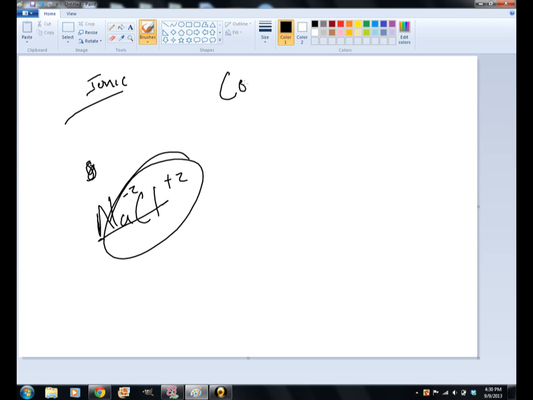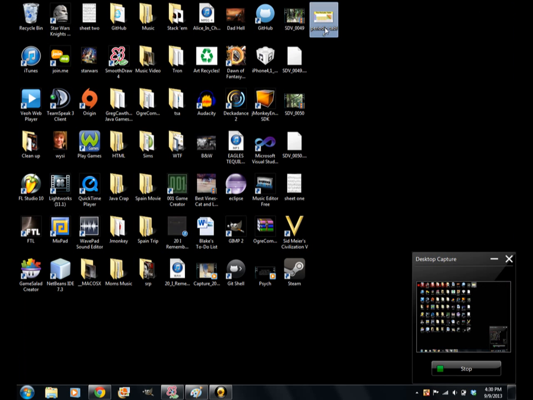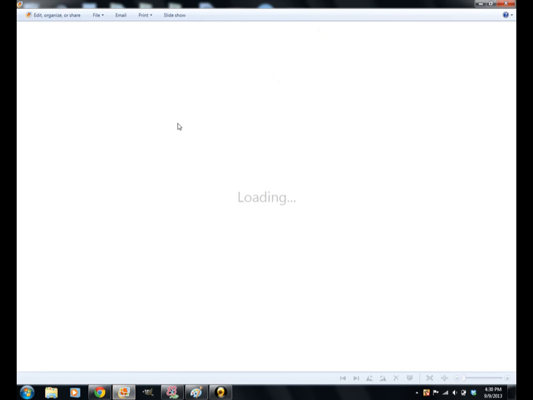There's a covalent bond. That's not how you spell it, but close enough. And that's where you have like water, H2O. You have hydrogen, which has 1, obviously.